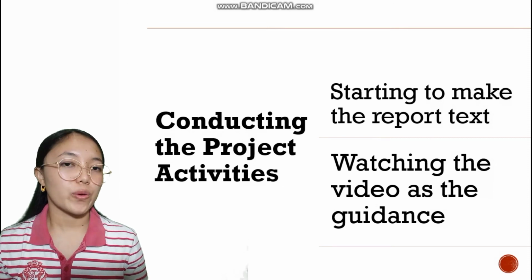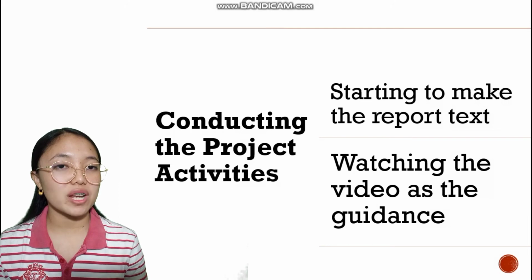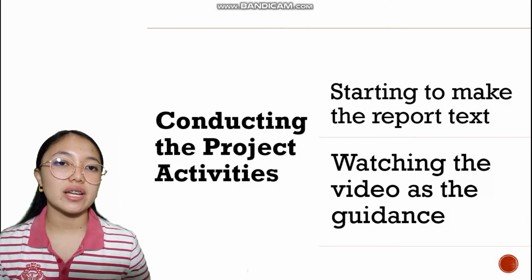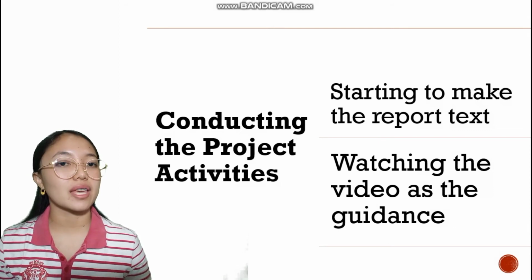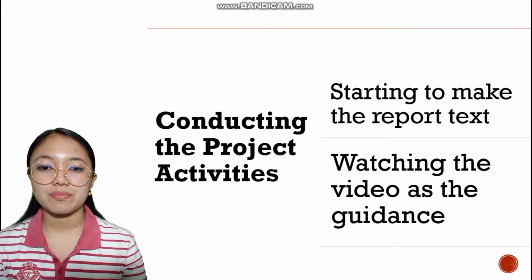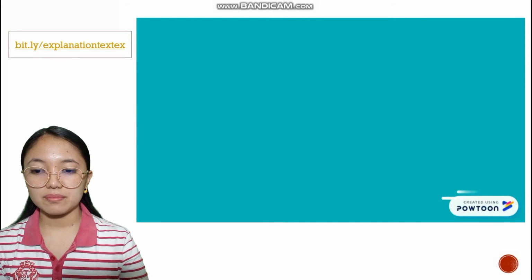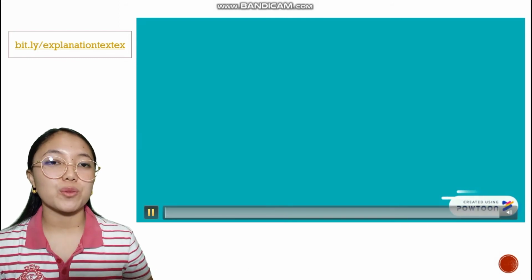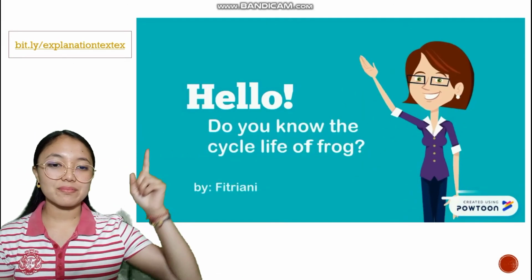While you are working to make an explanation text, you can watch the video as your guidance to make it easier. This one the video. If you want to know more about the video, you can access that link.